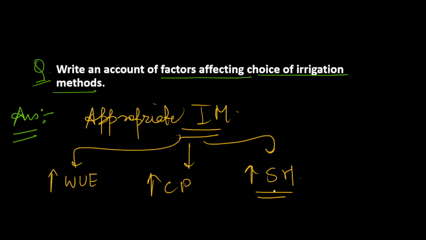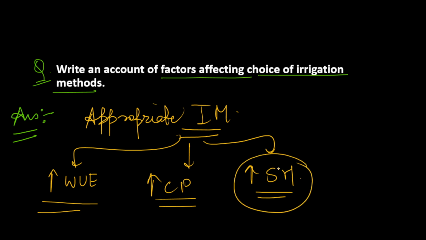So these are the things we should always keep in mind when choosing a certain kind of irrigation: that our water use efficiency should be good, our production should be good, and as we are moving towards sustainability, we should also keep in mind that our soil health is not damaged or impacted by this irrigation method.